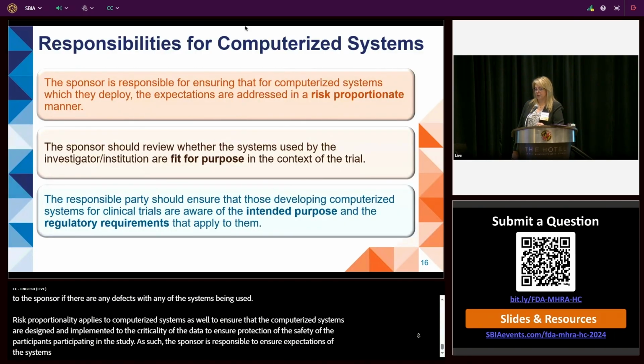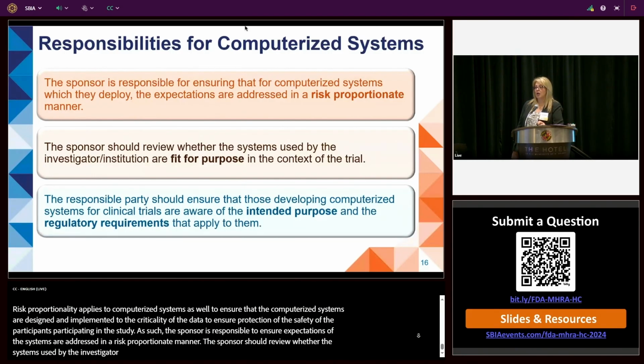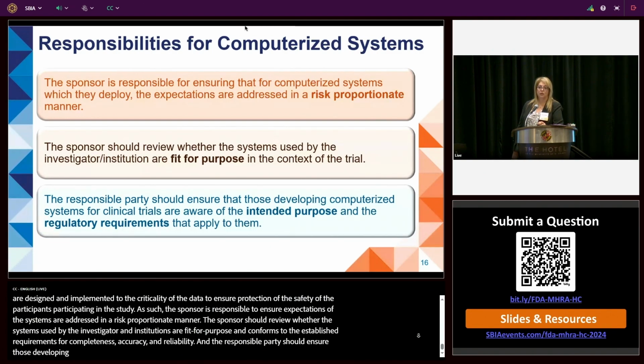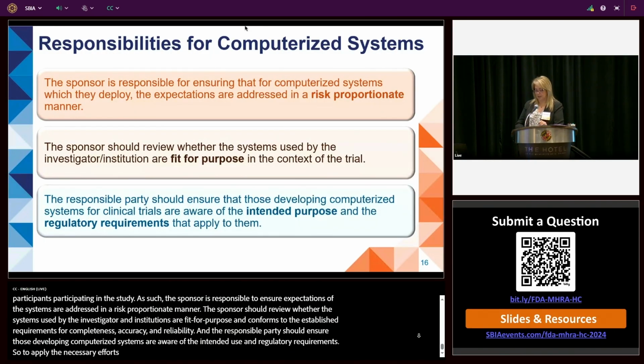The sponsor should review whether the systems used by the investigators and institutions are fit for purpose and conform to the established requirements for completeness, accuracy, and reliability. And the responsible party should ensure those developing computerized systems are aware of the intended use and regulatory requirements, so as to apply the necessary efforts in the design of those computerized systems to comply with these requirements.